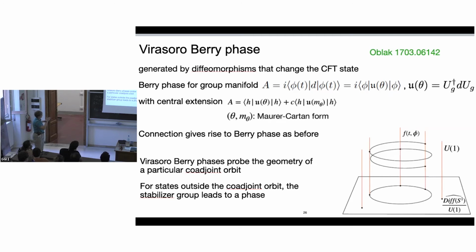And we have to include the central extension. If we run the entire formalism, then the connection gives rise to a Berry phase as before. And now this associated Virasoro Berry phase probes the geometry of a particular coadjoint orbit. So the coadjoint orbit is this square.